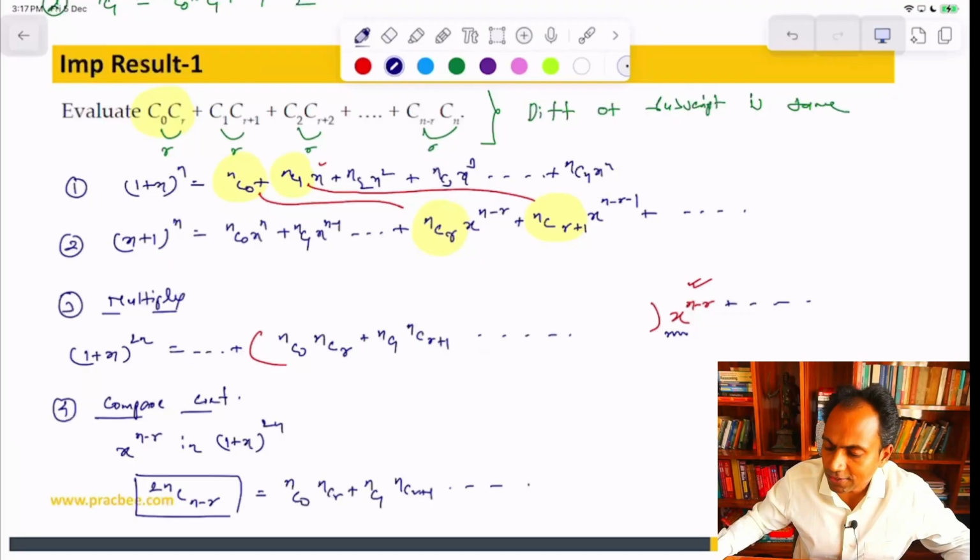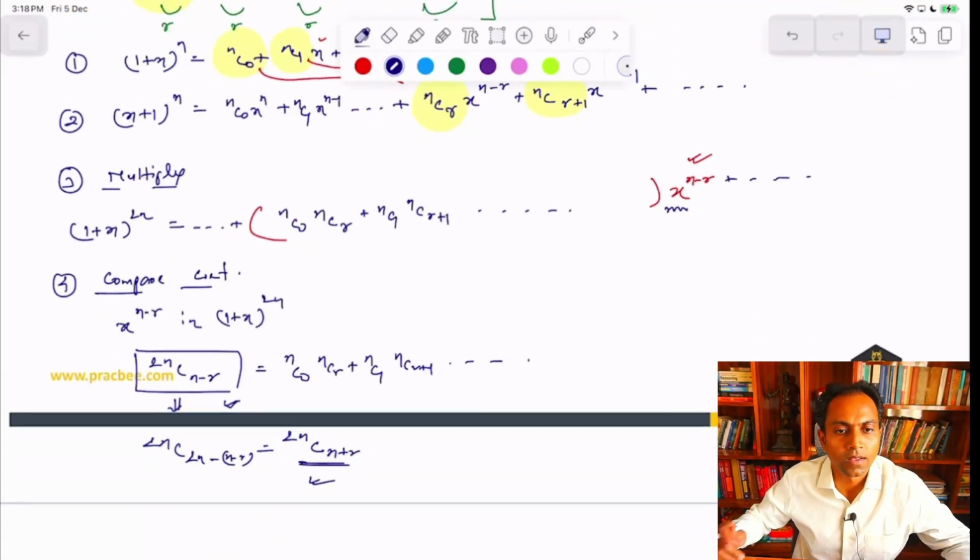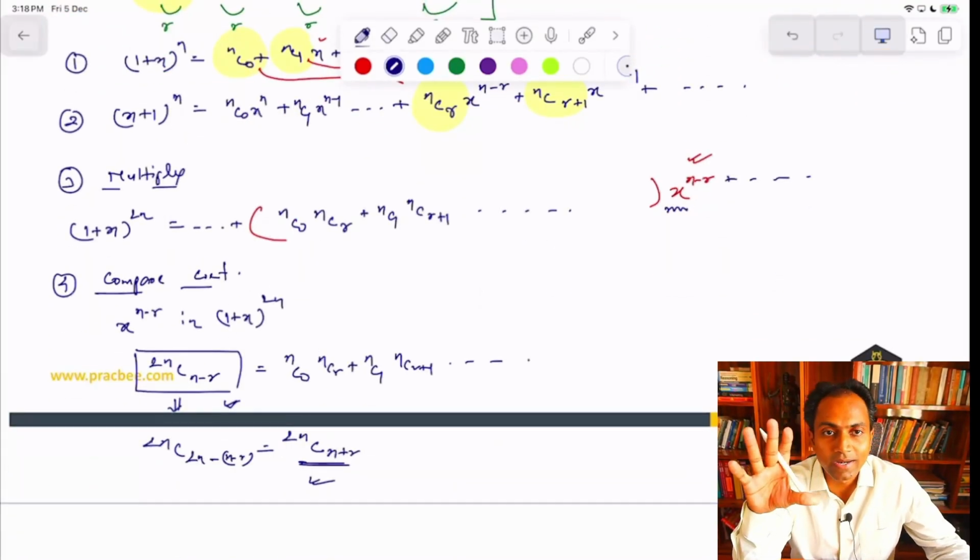So now once you have understood what is the standard result for this part, this result can either be written like this, or if I apply nCr = nC(n minus r), this can also be written as 2nC(n plus r). Either you write it like this or like this, both the things are same. So you have looked into the idea where the difference of subscript is same.